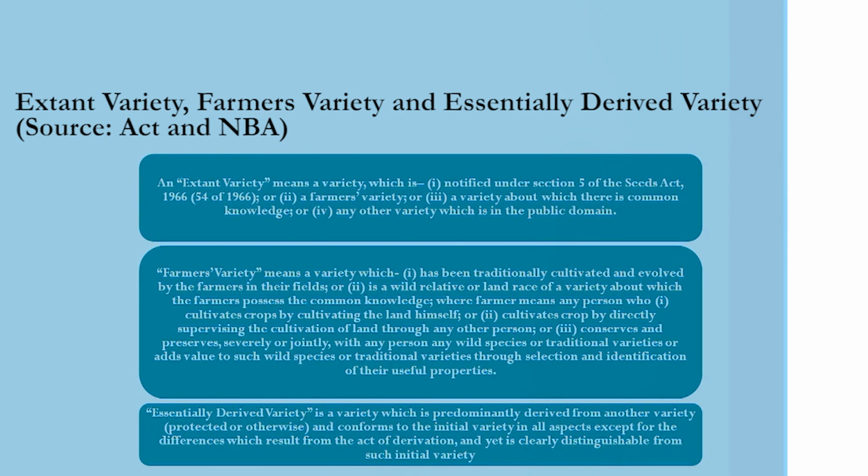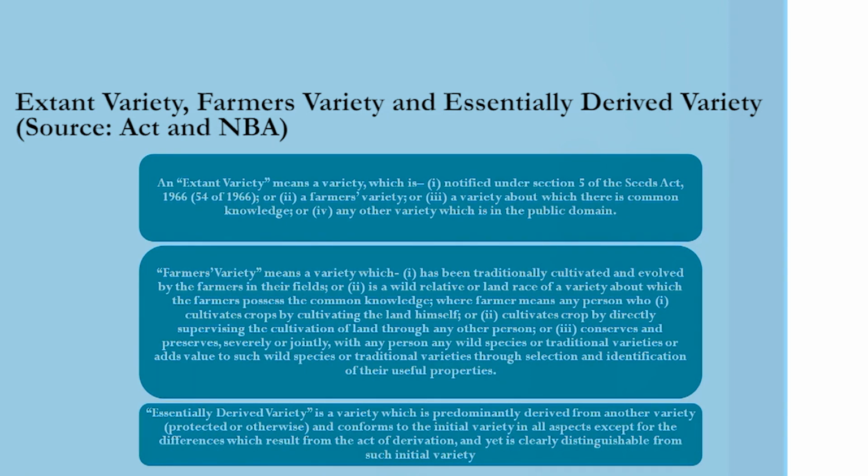A farmers' variety under the Act means a variety which has been traditionally cultivated and evolved by the farmers in their fields, or is a wild relative or land race of a variety about which the farmer possesses common knowledge.